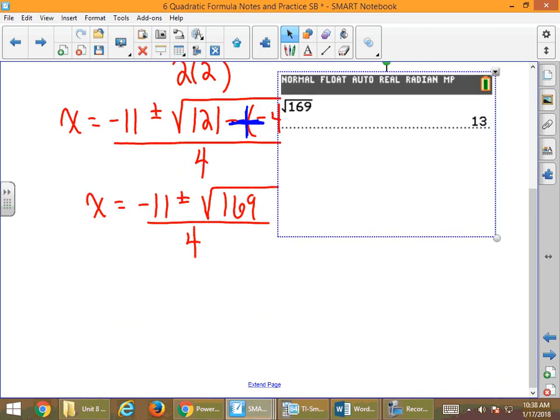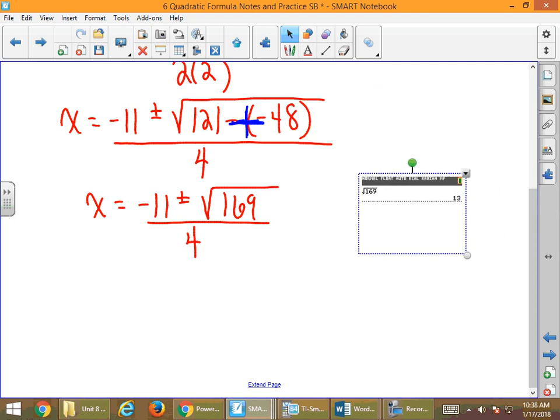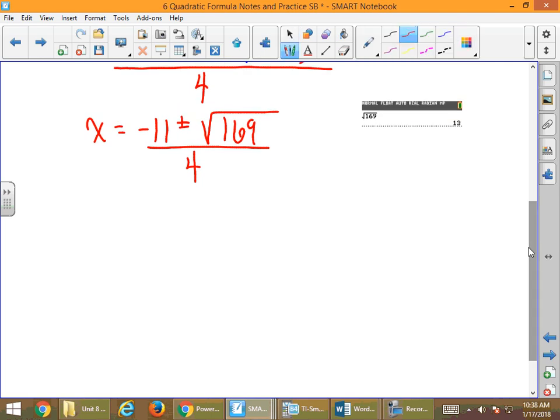Let's put this off to the side. Because now, when we look at this problem here, we have really x equals -11 plus or minus 13 over 4, which means that we can simplify this more.